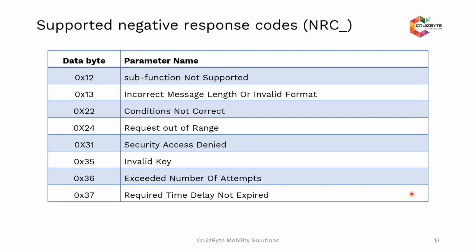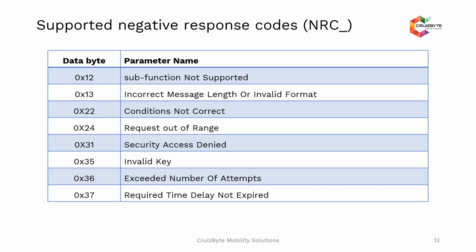This 36 is important: when the seed and key process is happening, you are allowed only a few attempts to get the handshaking with the ECU. If the number of attempts increases, then the ECU locks itself for some amount of time and will not allow you to proceed with any new request.